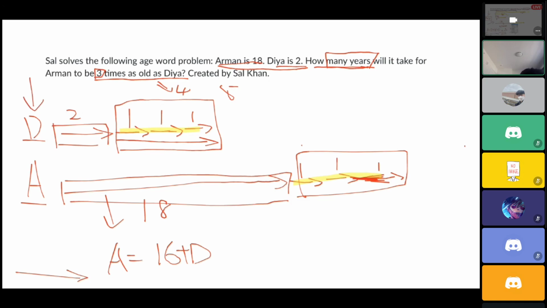Okay, if the difference is 16, this means 18 minus 2 is 16, right? Then what does this tell you about the addition part? The difference must be 16. Yeah. And if the addition part and the original part construct the whole thing, and the distance at the end is still 16, what does this tell you about the addition part?